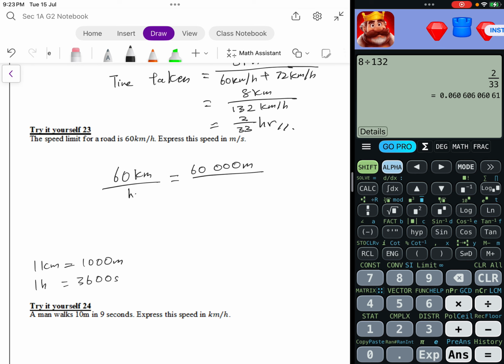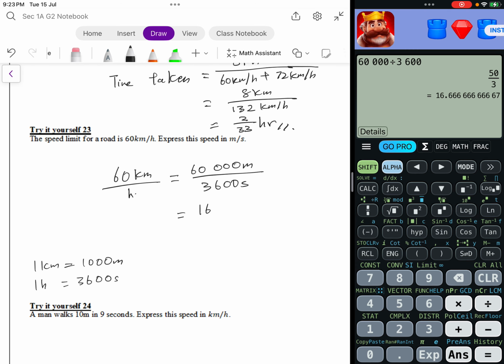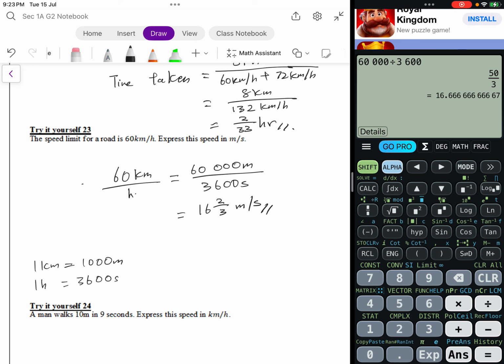Why? Because 60 minutes times 60 seconds, so 3600 seconds. So I will get 60,000 divided by 3600, right? And I will get 16 and 2/3 meters per second. Okay, so this is how you convert.